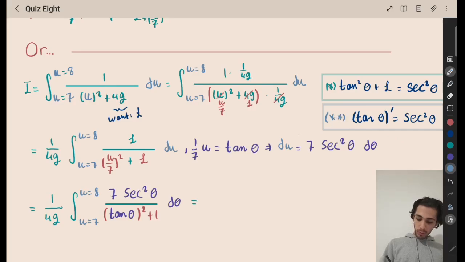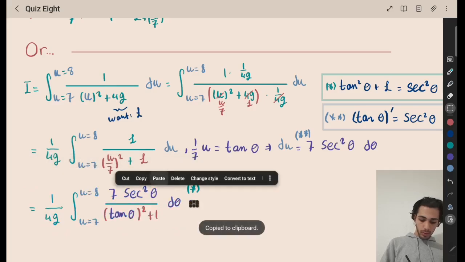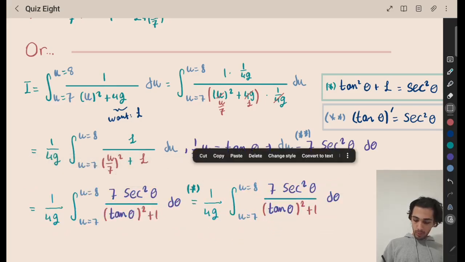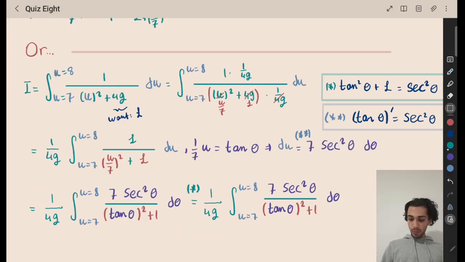It's good to reference your work always. Then here's what I get. Tan of theta squared plus 1, we said this was sec squared. Luckily it was. And guess what we have here?